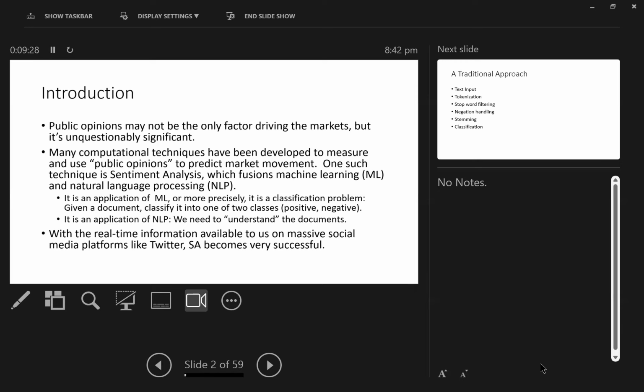So instead of looking at the data itself, we will try to evaluate or get information from other sources in order to help us to make better predictions. In particular, one very important source is public opinion.